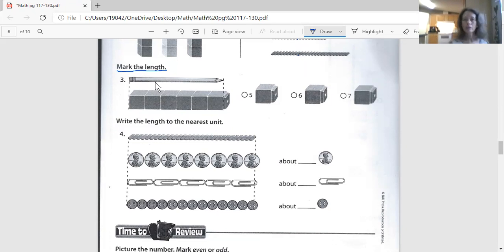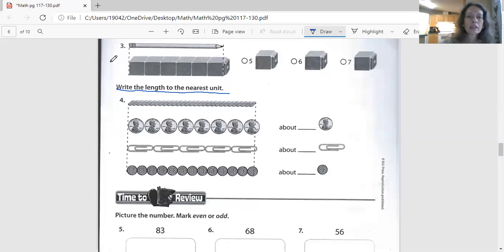Okay. And then we go to the next section that says, write the length to the nearest unit. Okay. And it wants to know how many pennies that you see. We're measuring what looks like a row of pencils right up there.